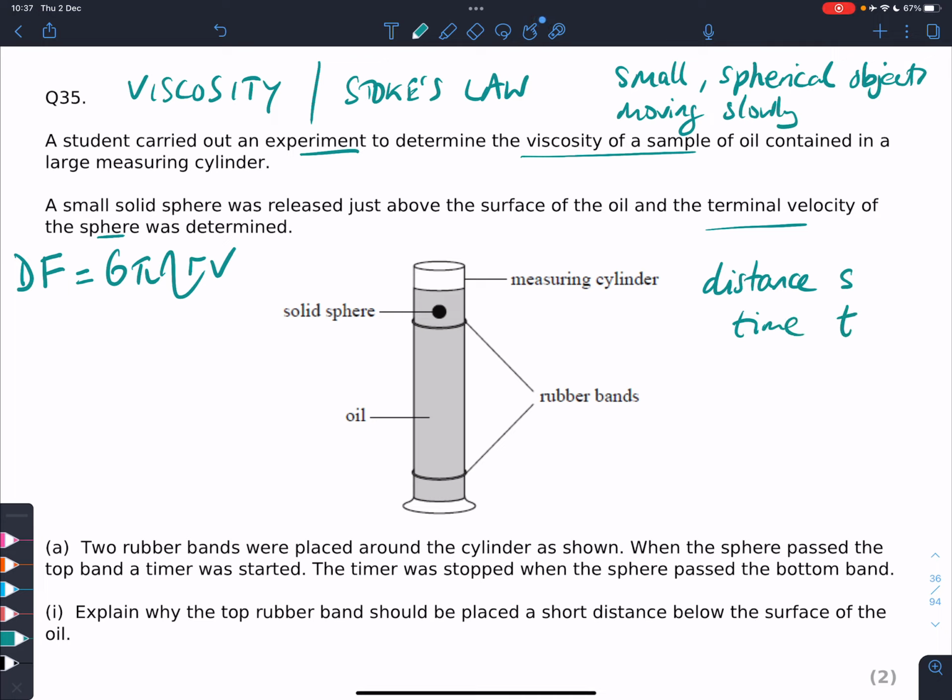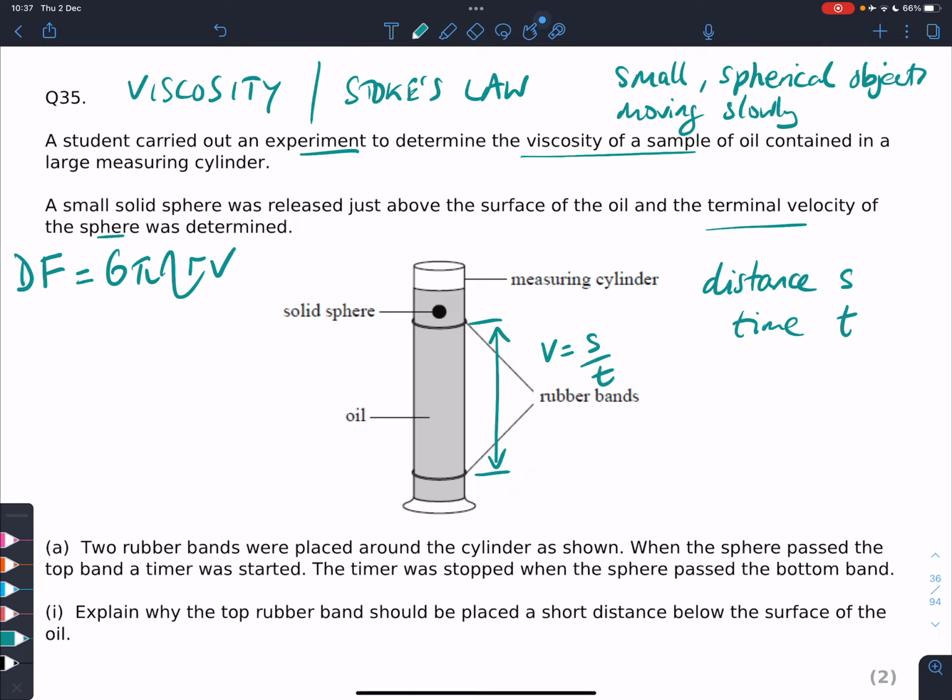Two rubber bands were placed there and there. When the sphere passed the top band, a timer was started. The time was stopped when the sphere passed the bottom band. So we're going to travel that distance in a certain time, and we'll be able to calculate the velocity: v equals s over t.